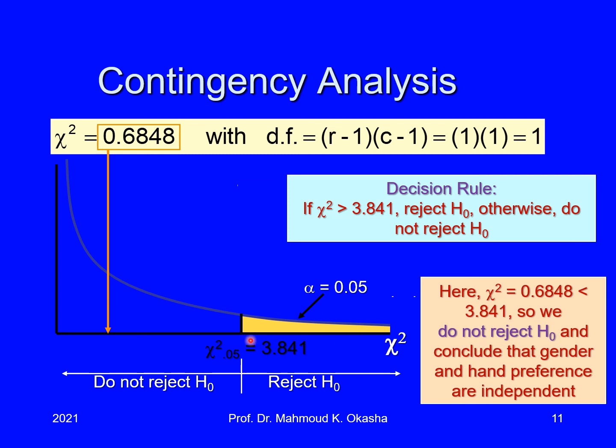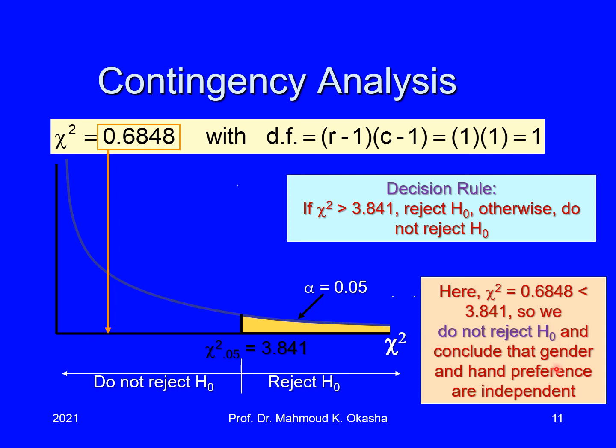That's the critical value. We reject the null hypothesis if the computed test statistic falls in this area, and we cannot reject the null hypothesis if it falls in this area. In our case, it falls in this area.